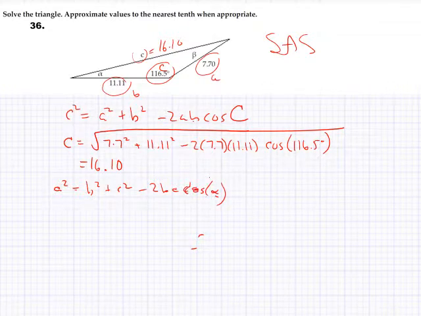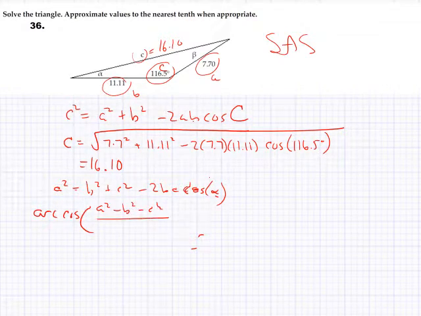Okay, now we got to solve for alpha here, so we got to rewrite this equation. So we're going to start dumping things to the other side. So another way I could write this is going to be the arc cosine of A squared minus B squared minus C squared divided by negative 2BC.